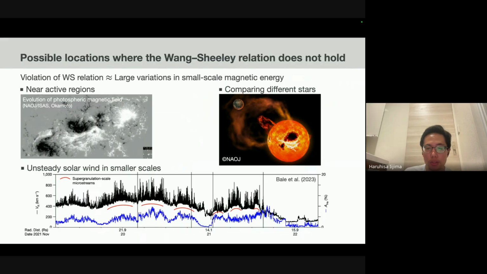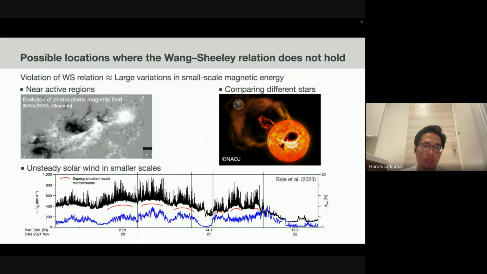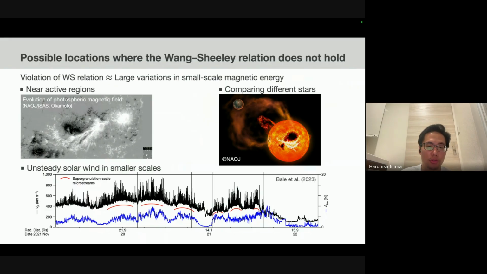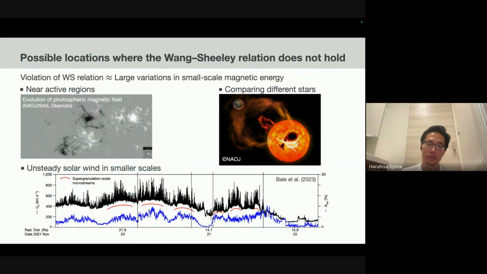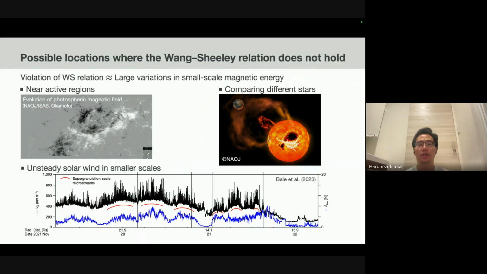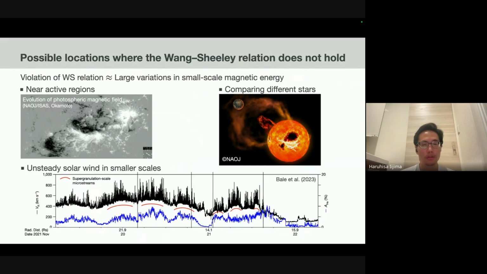This study reports a variation of the solar wind speed on supergranular scales, also known as solar wind microstreams. So in this shorter time period, the Wan-Shelley relation does not hold, and dependence on the small scale dynamo, as shown in our study, will be very important to explain these variations.